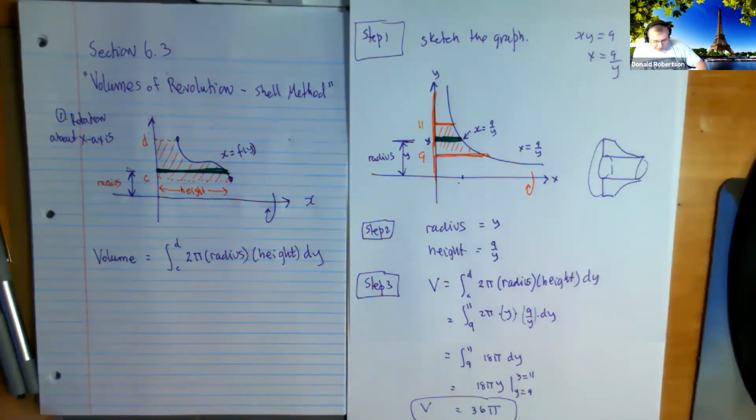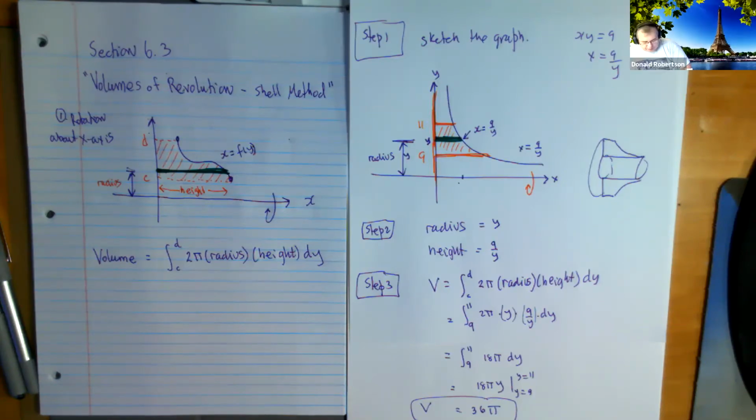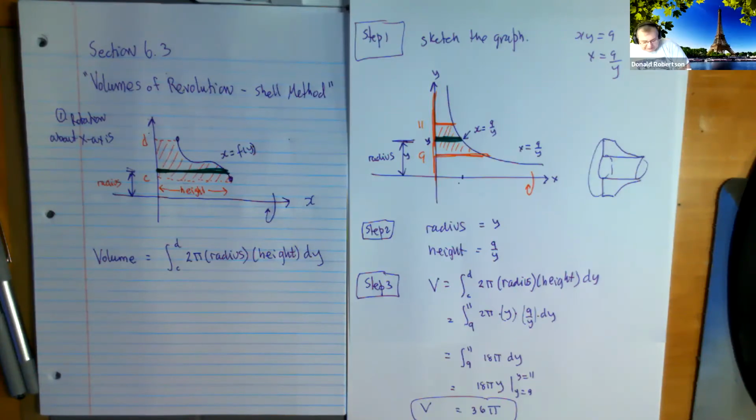Okay, any questions about that? I do. If we're trying to find the radius, like in this example, it just says y, and other questions will be more than just y. Yeah. When you rotate it about the x-axis, the radius is just going to be y, which makes life easy. But when you rotate it about a line parallel to the x-axis, like y equals 9 or y equals -2, then the radius will change.